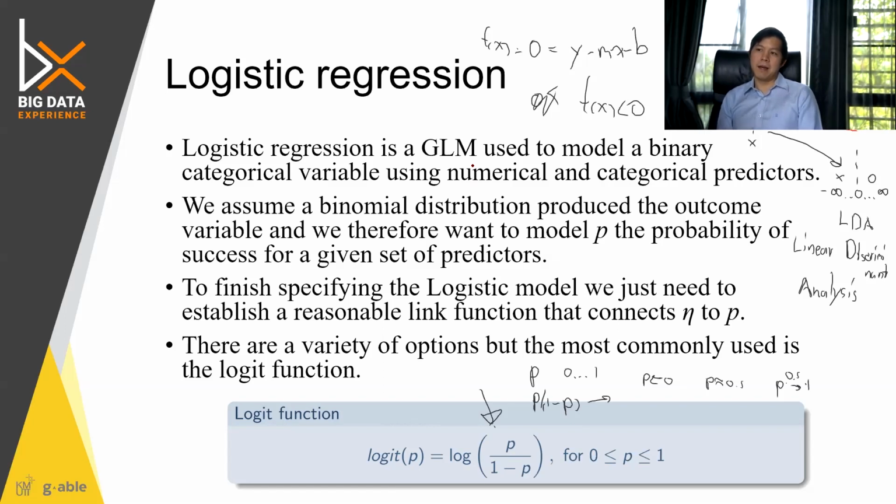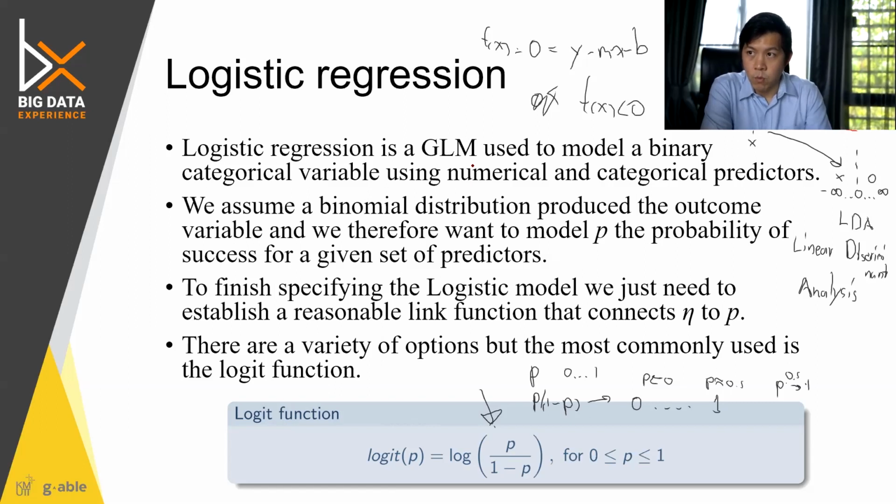0 to infinity, yes. This is correct, it will be 0 to infinity. But there will be different ranges. Between 0 and 0.5, the values of this ratio will be between 0 and 1, right? Because 0.5 divided by 0.5 equals 1.